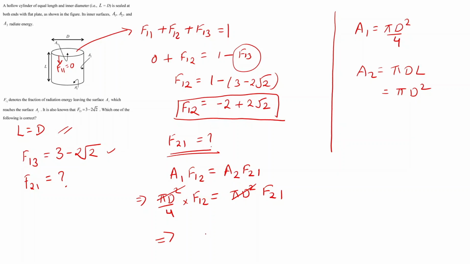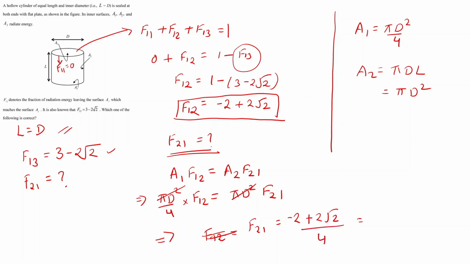So we will be having the value of F12 is equal to 4 times, no, we have to find F21, so F21 is equal to F12 upon 4, and F12 we will use from this equation, so it will be minus 2 plus 2 root 2 upon 4.